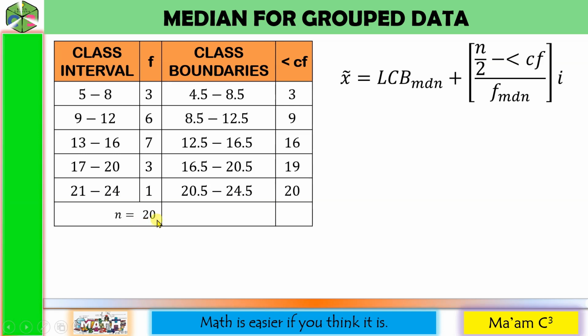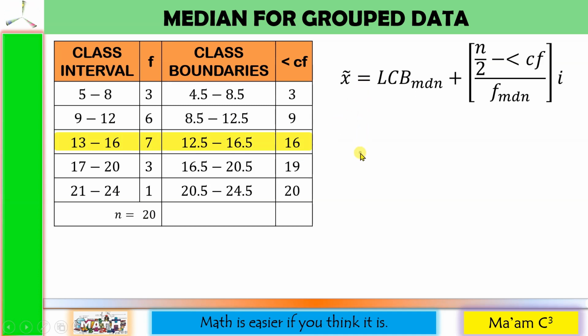Our number of observation is 20, and 20 divided by 2 is 10. The closest number to 10 is 9, but 9 is not higher than 10. So we should look for a higher number closest to half of the number of observation, and that would be 16. So this is our median class.